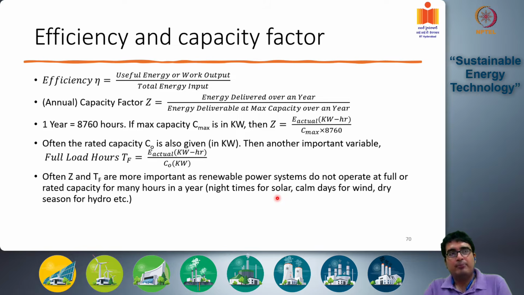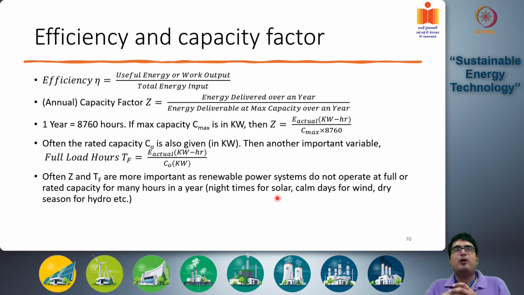Similarly, if you think of a hydel power plant, during the winter and the summer season, the river's flow is often quite small. So it cannot generate as much electricity as it can during the rainy season where the river is in full flow. So clearly it delivers much lower than its maximum or rated capacity during the dry season compared to the wet season.